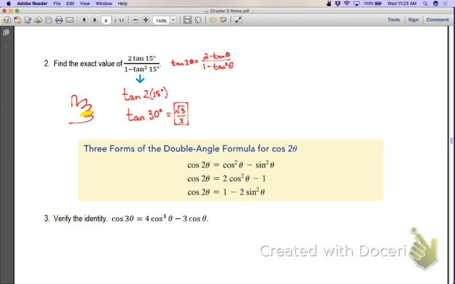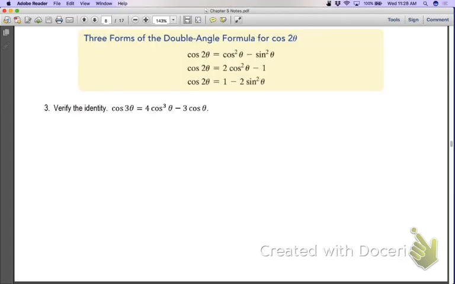So as far as my cosine, it is the square root of 3 over 2, and sine is 1/2. So just take 1/2 divided by the square root of 3 over 2, and I get 2 over 2 square root of 3. Well, 1 over the square root of 3 will simplify to the square root of 3 over 3 whenever we rationalize it.